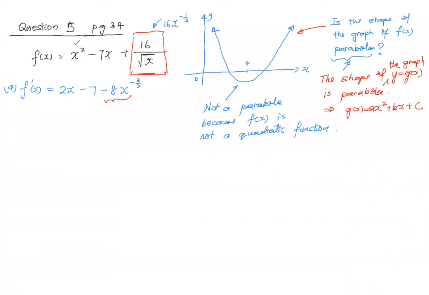No, I assume everyone knows. Now the question says, hence show that the tangent to the graph at x equal to 4 is horizontal. So how am I going to answer this question?